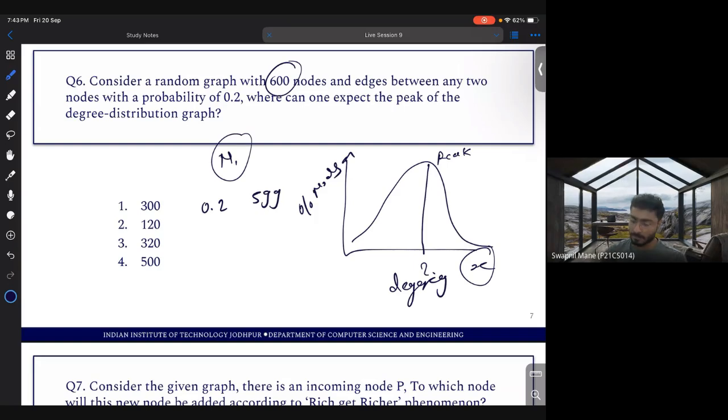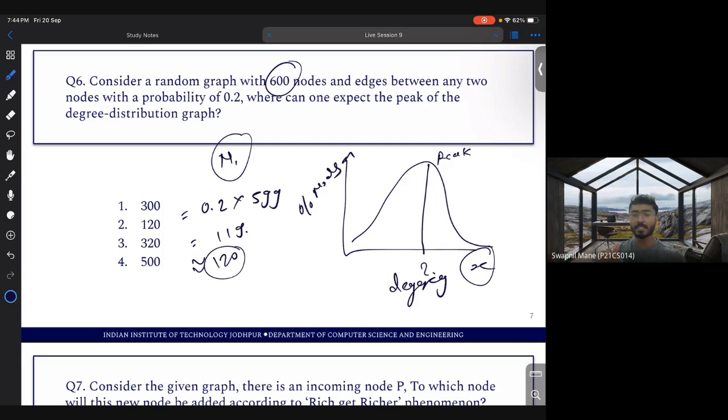For that, we are simply taking a product. After doing this, we are getting a value near 120. So this represents that particular node n1 can connect to 120 other nodes.